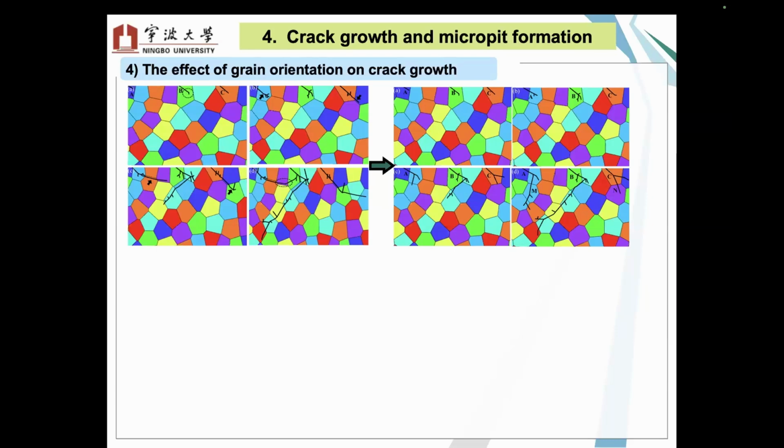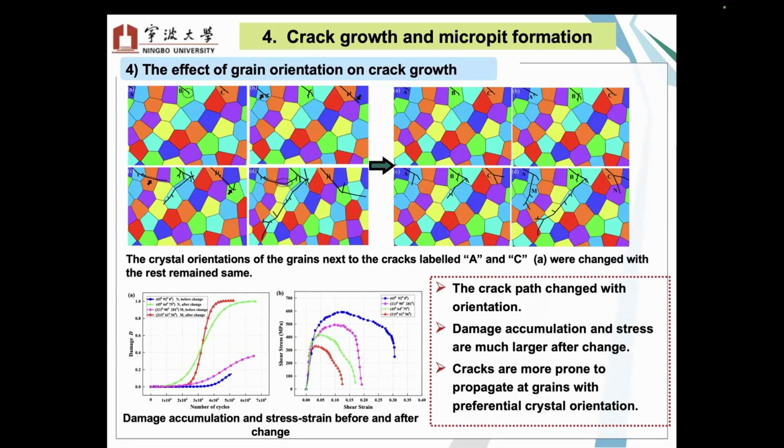For example, if you compare these two A and big C cracks, the crack growth path completely changed, because the crack growth path is significantly influenced by orientations. The damage accumulation and stress are much larger after the change, and cracks are more prone to propagate in grains with preferential crystal orientations.